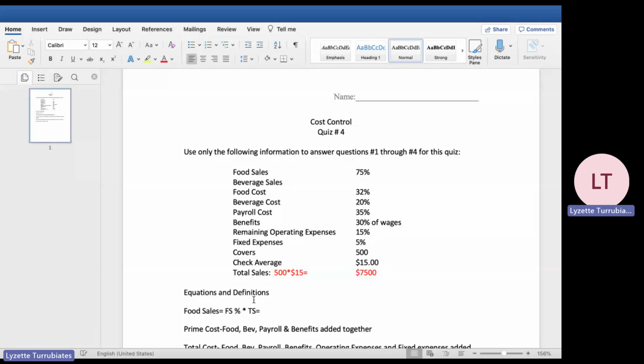So that's 7,500 times 0.75, because it's 75%, which gives us $5,625.